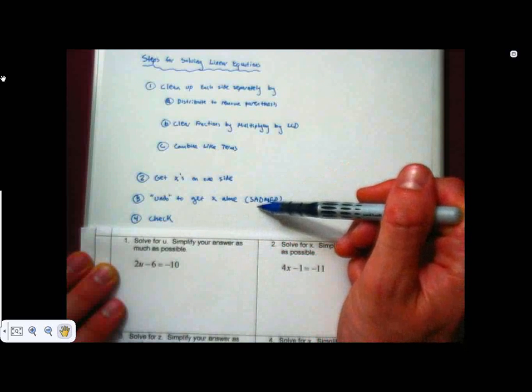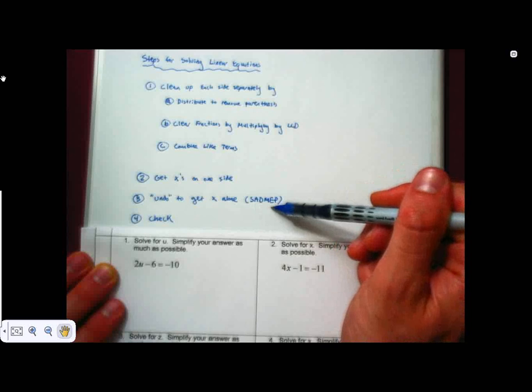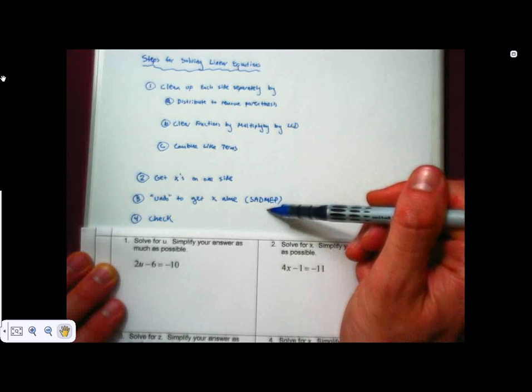And the way we undo it is by undoing in the reverse order of operations. So that's where we can start because our u currently is not alone. In order to get u alone, we have to undo two things. We have to undo this minus 6 and we have to undo the times 2.